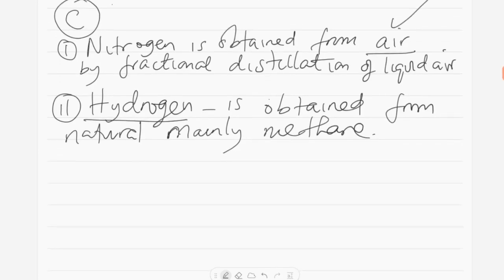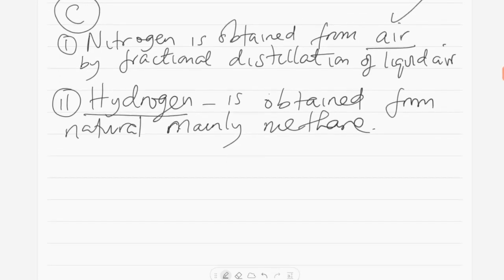So that's where hydrogen is obtained. So it is obtained from natural gas, which is mainly made of methane.